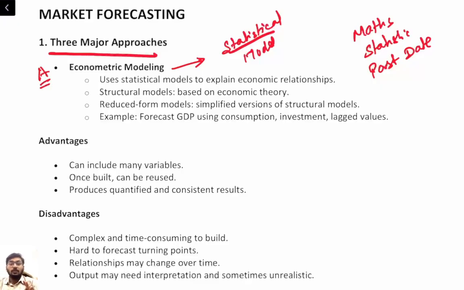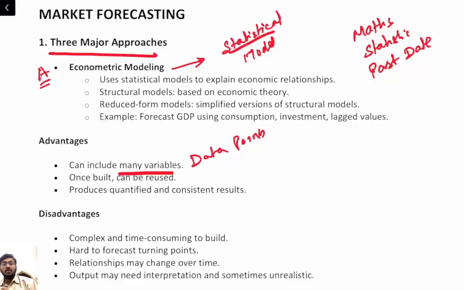But the question is, sir, what are the advantages of these models and what are the disadvantages? When I say advantages, it means it can include many variables and many data points. Clear? Once you have designed the model, you can use it again and again.